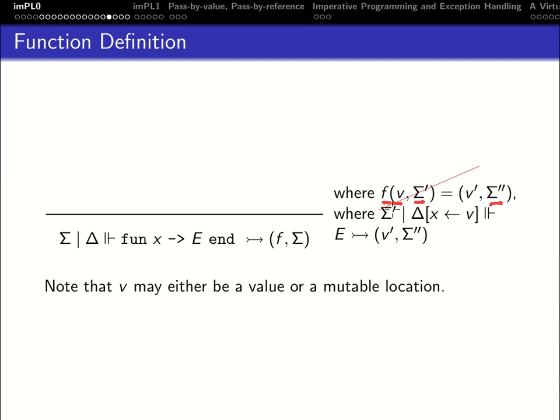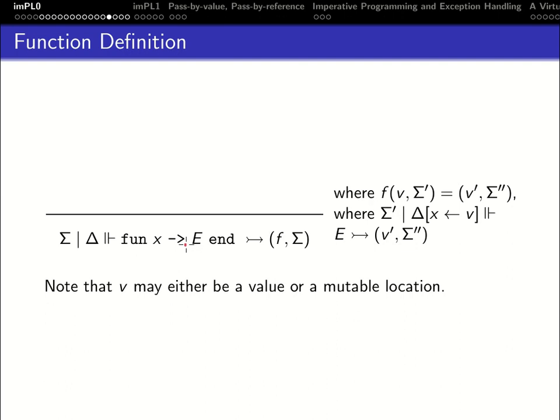Because I think this one is not sigma prime, it's just sigma. The second one is just sigma. Yes, so this sigma prime is actually sigma. Sorry for the typo.